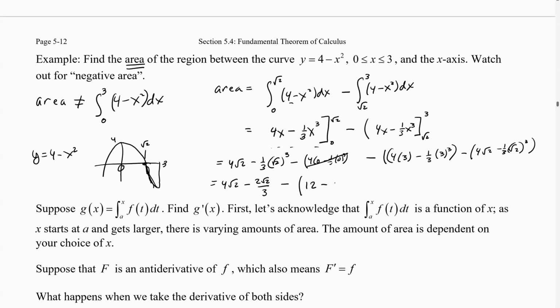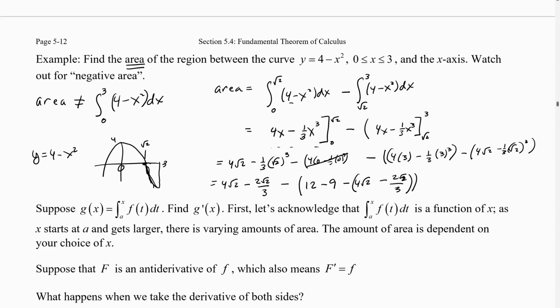That's going to be minus 9 minus 4 root 2. I'm sorry, this is all in parentheses. Gotta watch the parentheses. 4 root 2 minus 2 root 2, 2 root 2 over 3. Oh, there's a lot going on there.